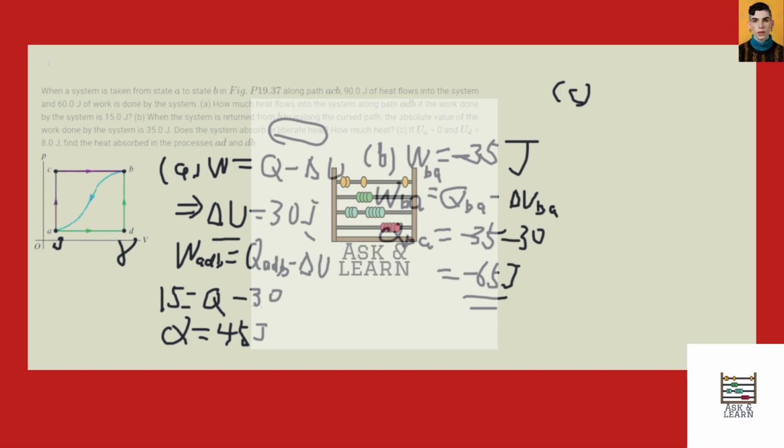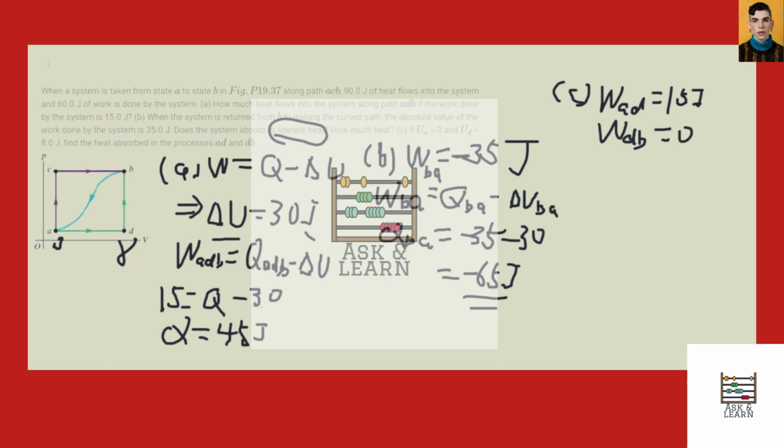The heat flowing to the system along the path ADB is 15 joules, right? In the process DB, the work is 0 because the volume does not change. So all the work done by the system is in the process AD. Work AD in this case equals 15 joules, and work DB is 0.